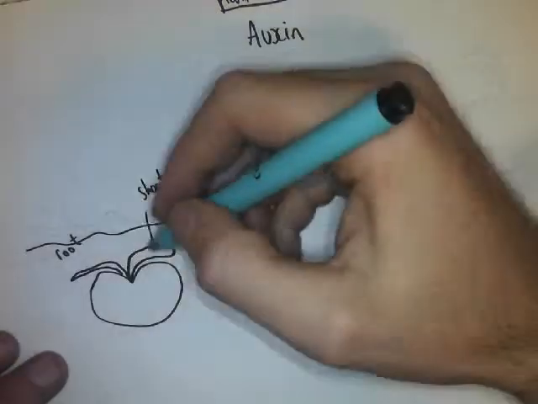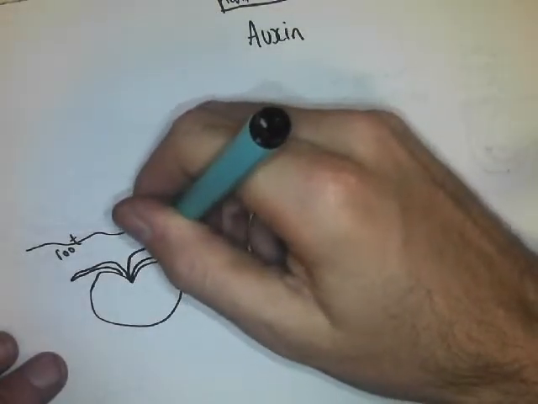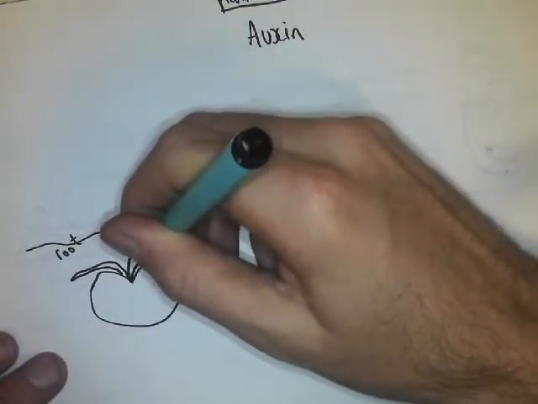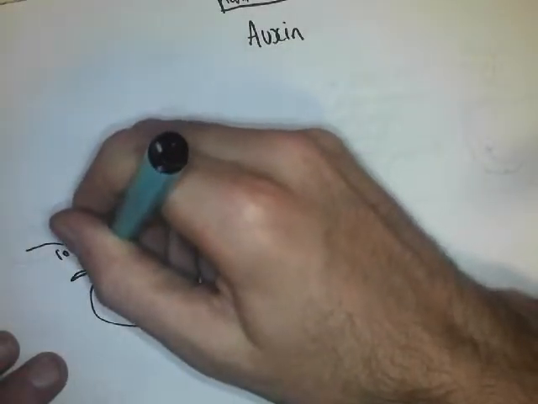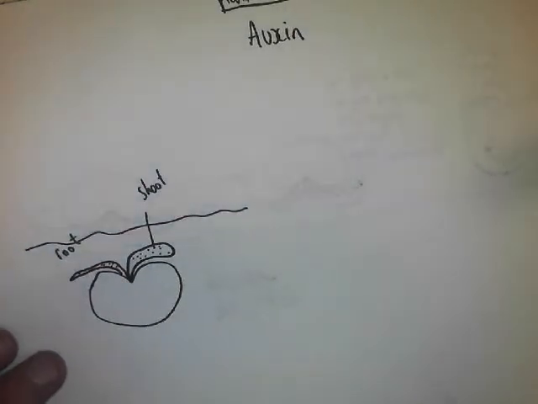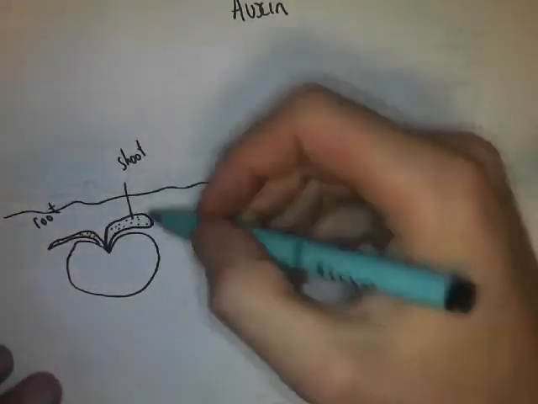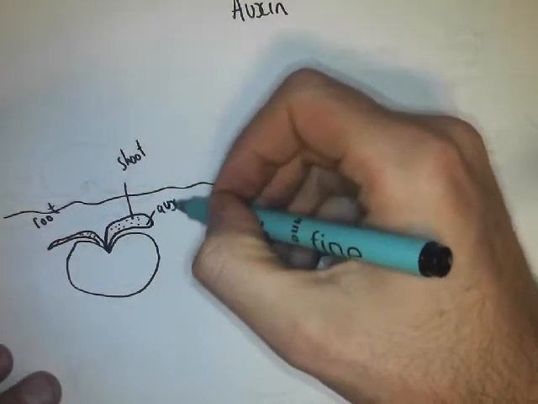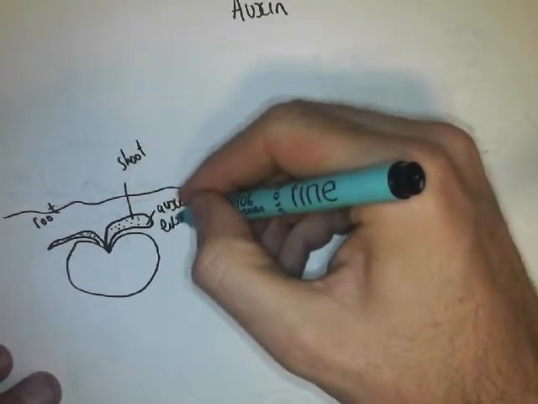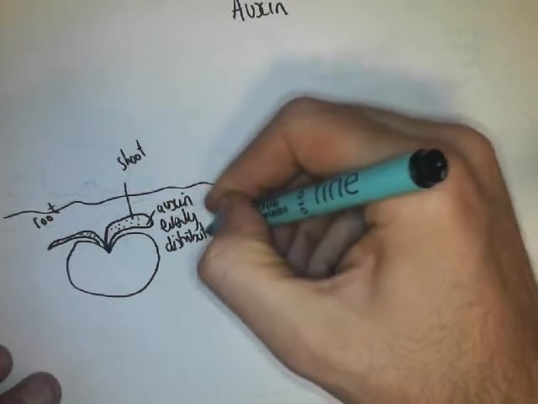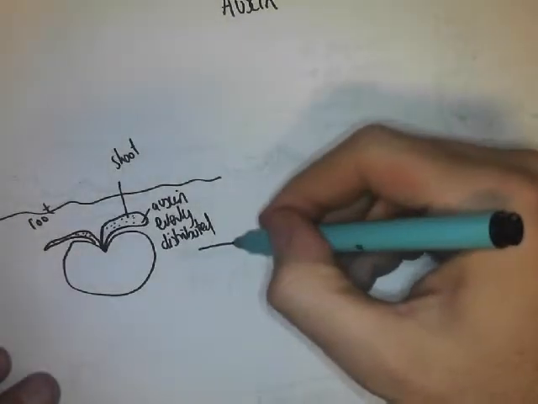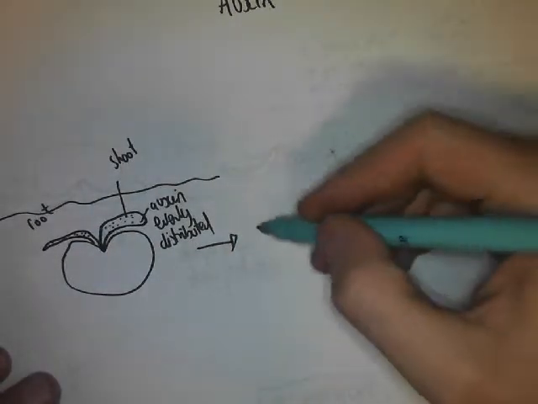Now, in the initial stages, you have the hormone auxin evenly distributed, like so, in its shoot and root. So these dots is auxin, and it is evenly distributed.